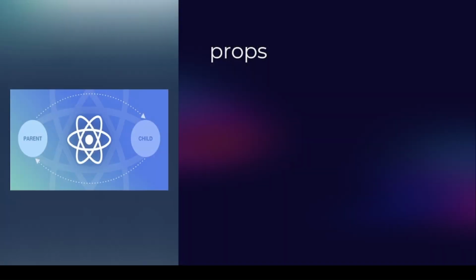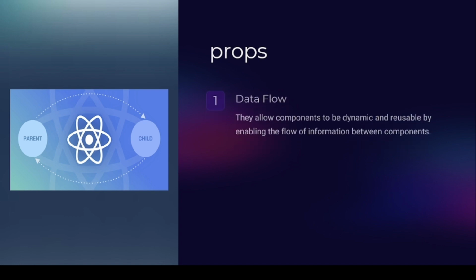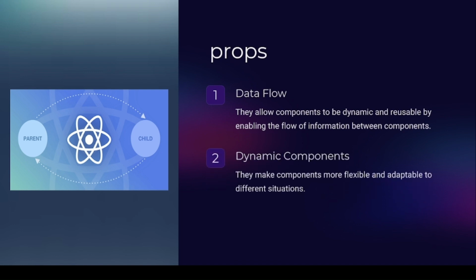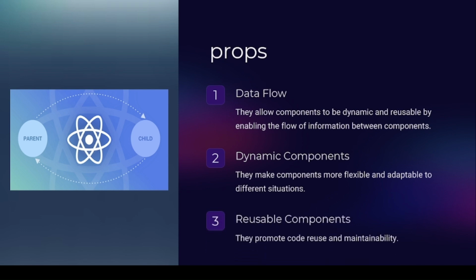After working with props, now we understand that they allow components to be dynamic and reusable by enabling the flow of information between components. Also, they make components more flexible and adaptable to different situations, hence making them dynamic components. They promote code reuse and maintainability.